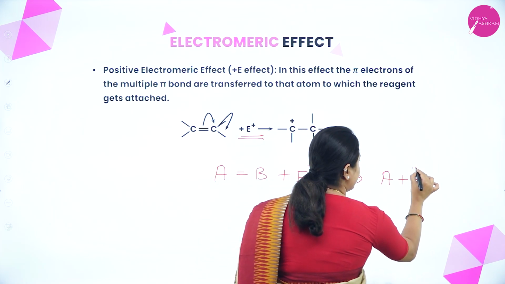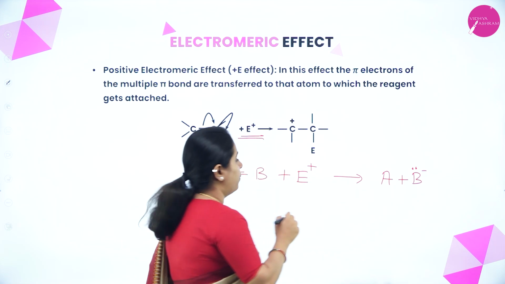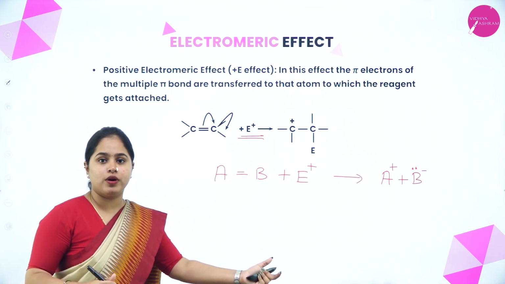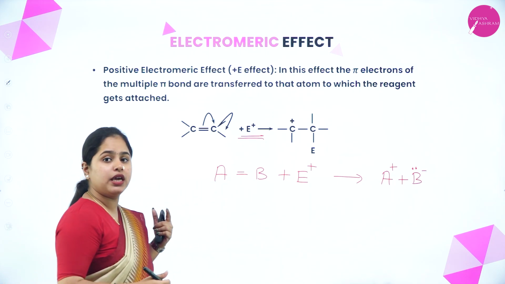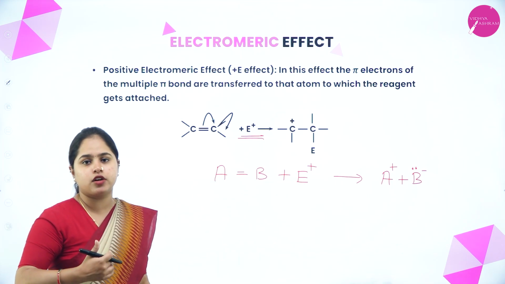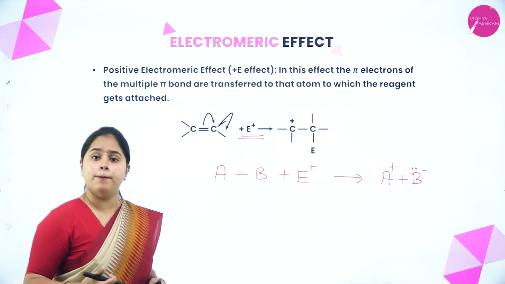So B will get the pi electrons and will have a negative charge, and A will get a positive charge, right? Yes, the electron pair has gone towards the B atom. So A will be positively charged and B will get the lone pair of electrons, that is the pi electrons, and it will be negatively charged. So this is called the electromeric effect.